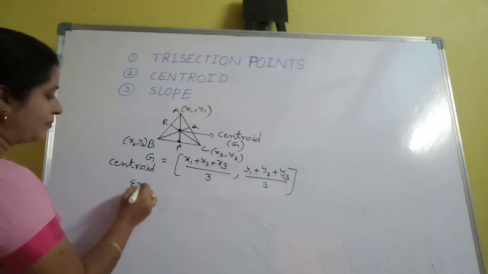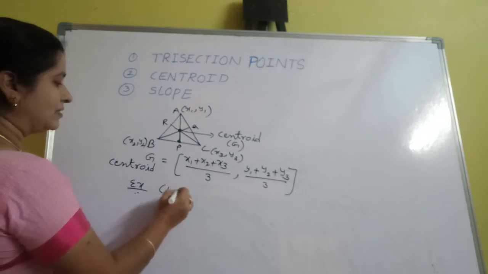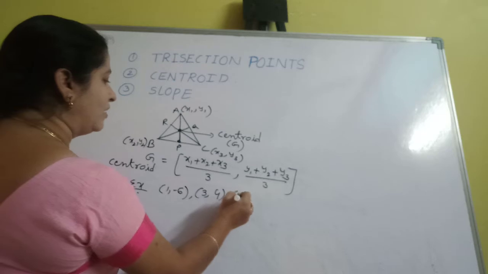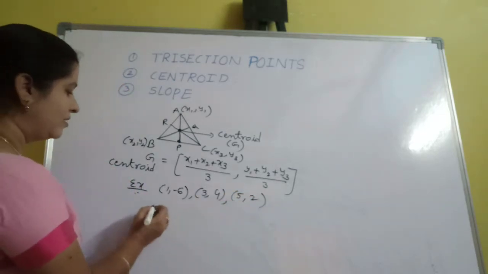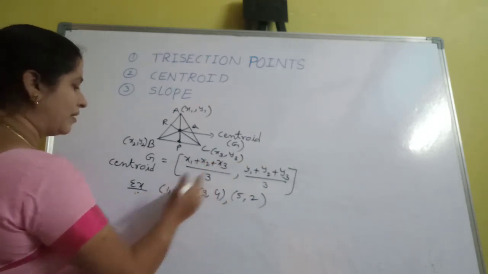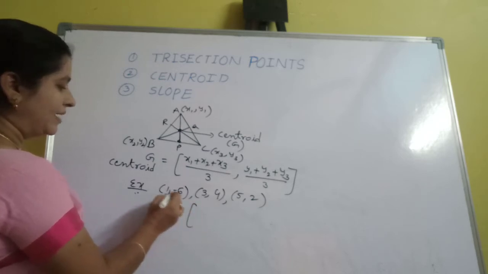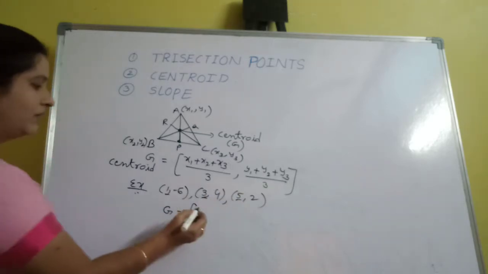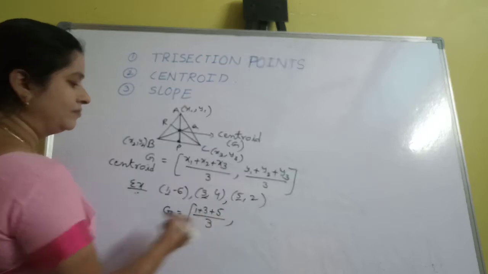Let us see the example. Given points are (1, minus 6), (3, 4) and (5, 2). Find the centroid of these points. Substitute all the values in this formula. G equals x1 value 1, x2 value 3, x3 value 5, so (1 plus 3 plus 5) by 3.